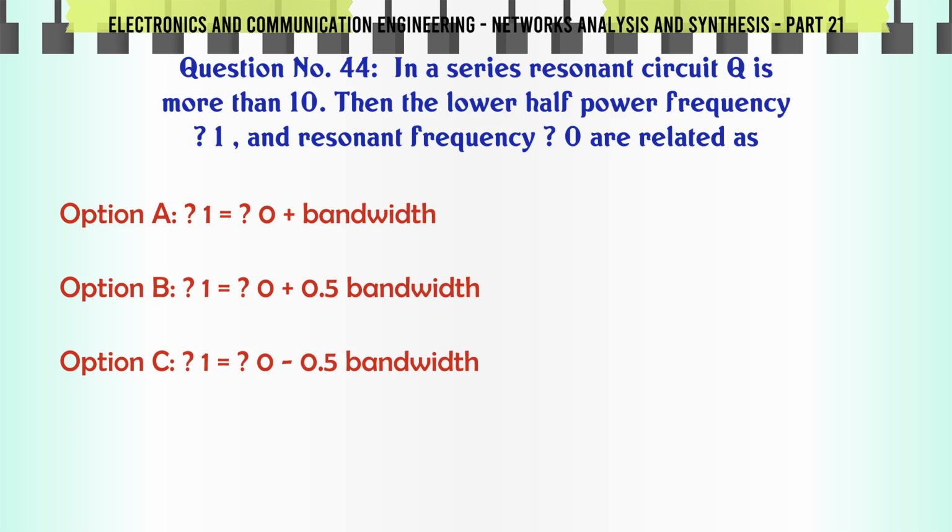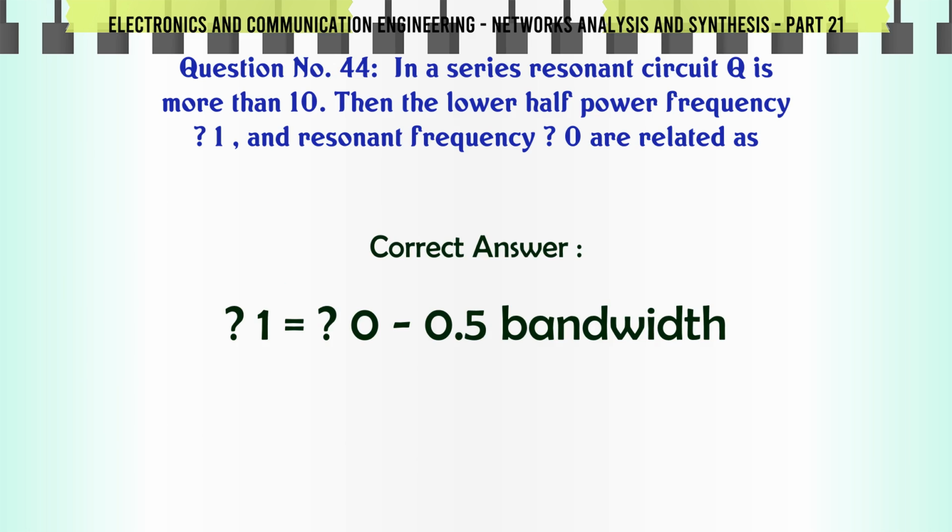In a series resonant circuit, Q is more than 10. Then the lower half power frequency 1 and resonant frequency 0 are related as: A. 10 bandwidth, B. 10 0.5 bandwidth, C. 10 0.5 bandwidth, D. 10 bandwidth. The correct answer is 10 0.5 bandwidth.